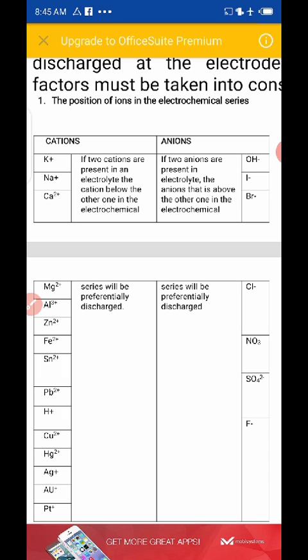The same applies to the anions: the hydroxide ion, followed by the iodide ion, followed by the bromide ion, followed by chloride. This is the hierarchy in the order of position.